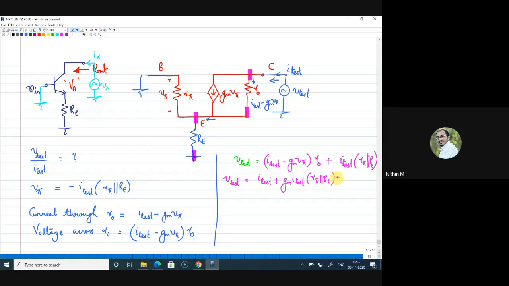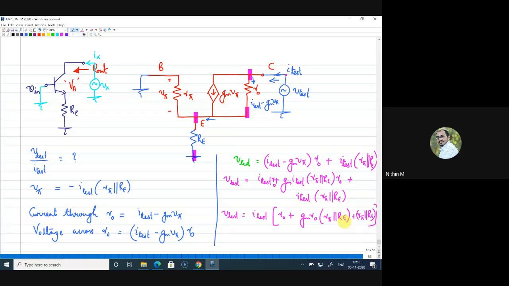Now I need to multiply one R naught here and one R naught here, plus I test into R pi parallel to RE. Now if you take common the stuff, V test is equal to I test times: what is left in the first term is R naught, the second term is GM R naught into R pi parallel to RE, and the third term is R pi parallel to RE.